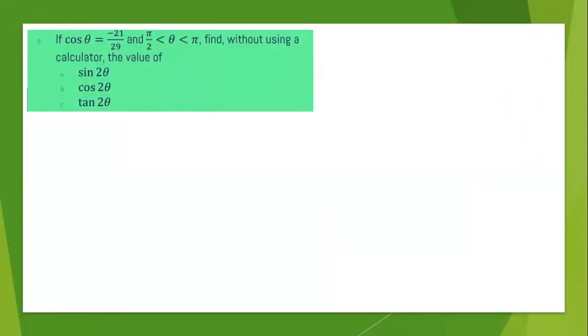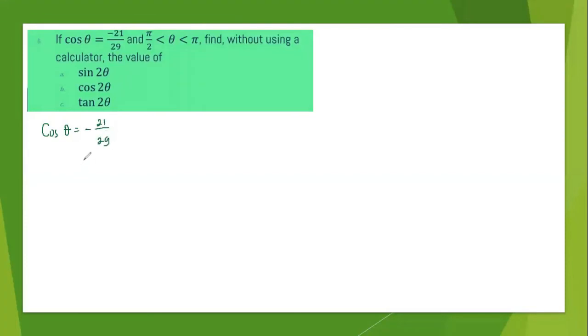Okay. If cosine theta is minus 21 over 29, you have to draw the diagram of the right angle triangle. Cosine theta is 21 over 29.